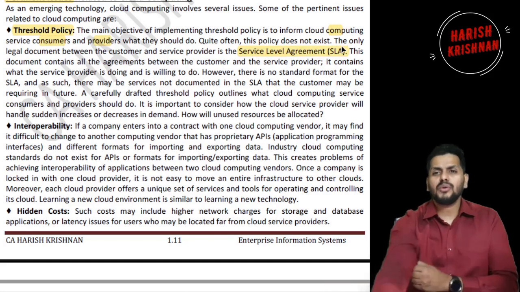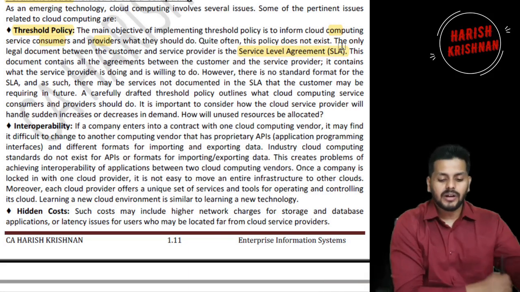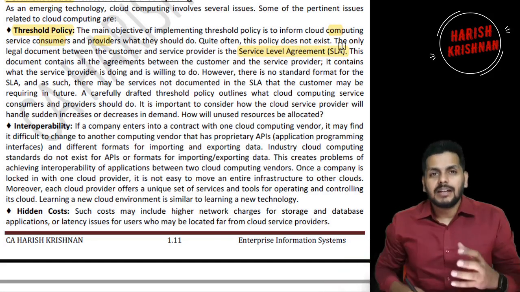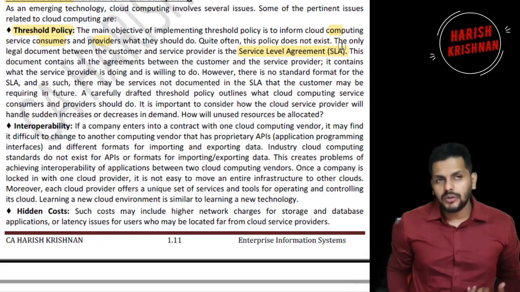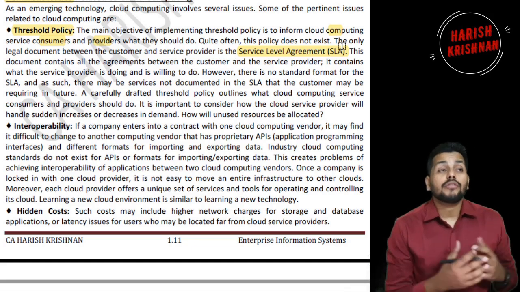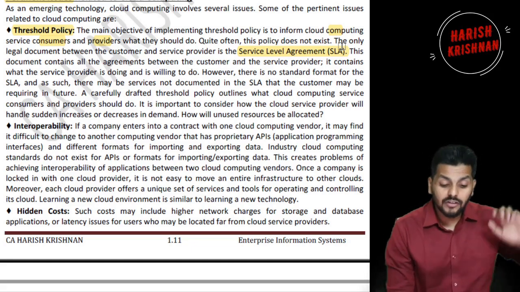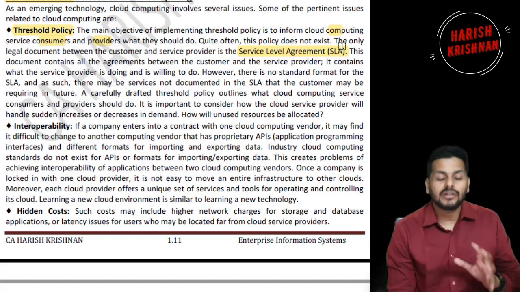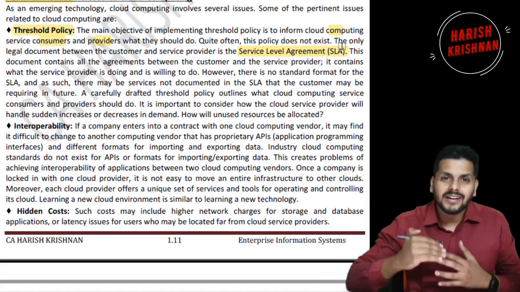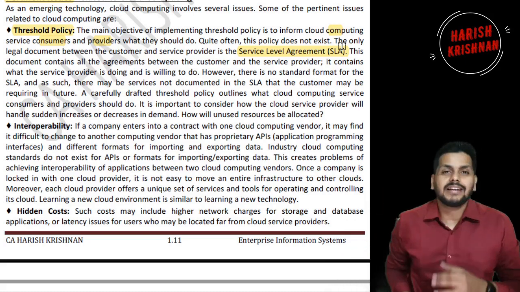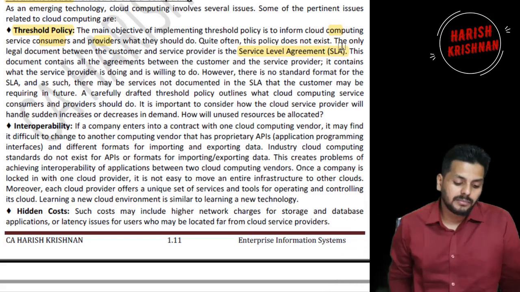I hope all of you know what an SLA is. This service level agreement has to be documented between the cloud provider and the cloud user, because tomorrow the cloud user should not go and argue, you said you will give me this at that time, then you didn't give. To avoid all this drama, a threshold policy has to talk about the maximum that I can use, what I can do and what I can't do.